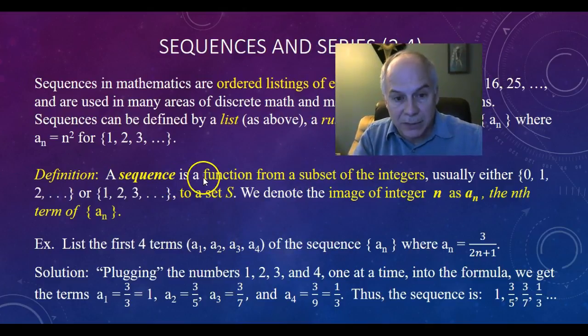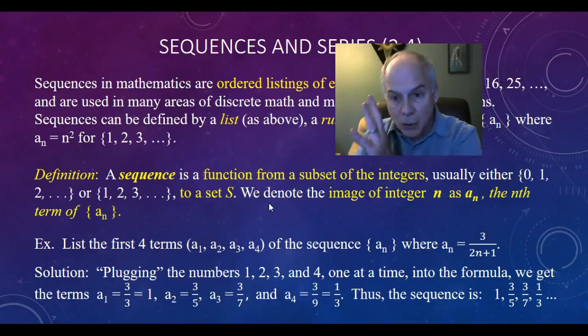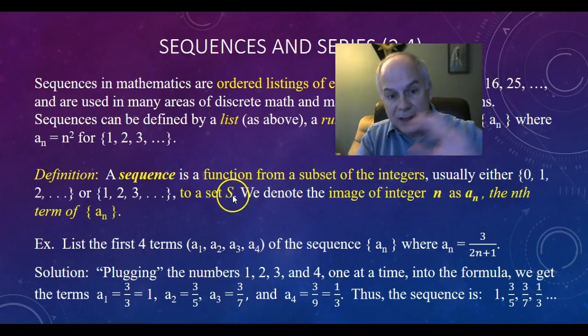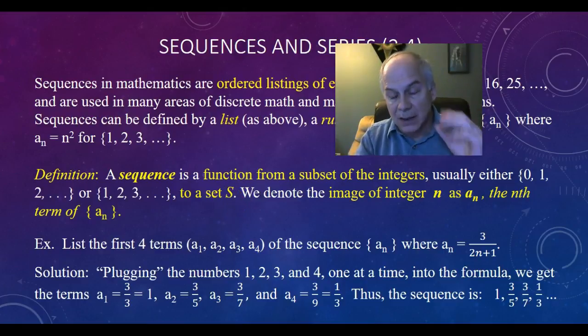The definition of a sequence is that it's a function from a subset of the integers, usually either 0, 1, 2, 3, etc., or 1, 2, 3, etc. So it's from that domain. The domain is a subset of the integers, to a set S. Now the set S is the terms in the sequence.